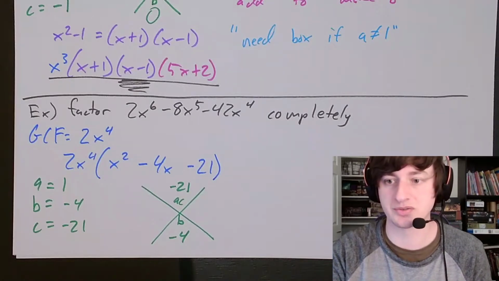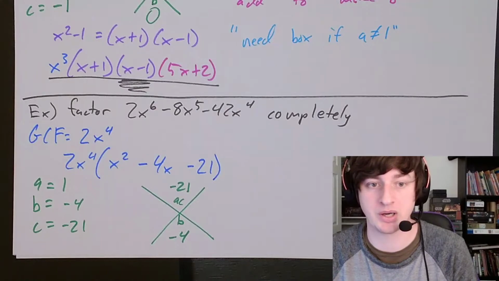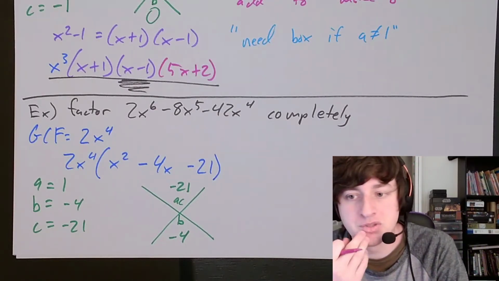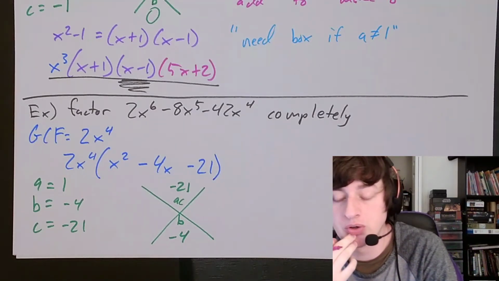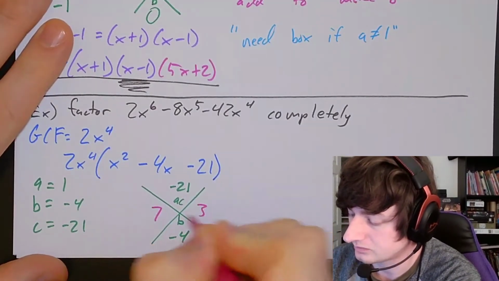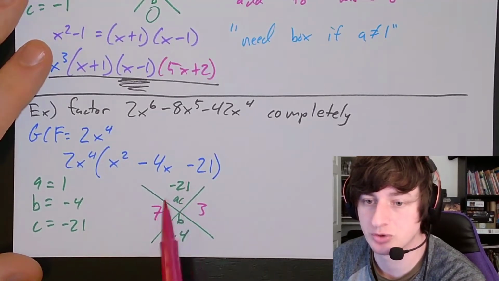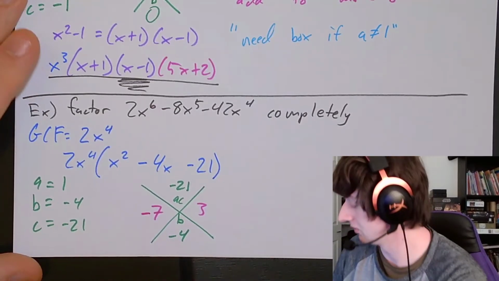Hopefully this rings some bells from last semester, because we did a bunch of these X box things. Two numbers that multiply to make 21. Well, 1 and 21 do, but those don't add to make negative 4. And 7 and 3 do. So the only question from here is, well, which one's negative? Because they have to multiply to make a negative and add to make this negative. That's going to be the 7.